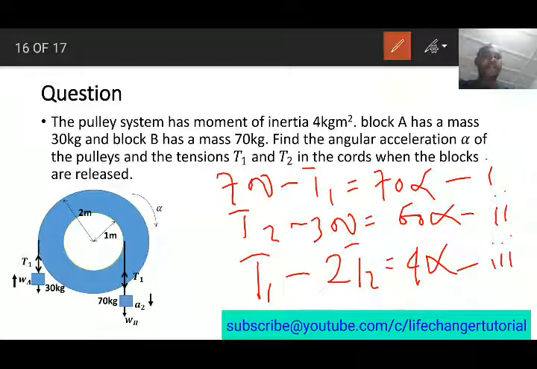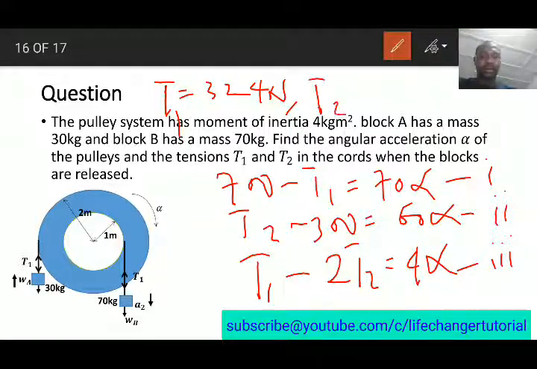Now in order not to take much of our time, we can quickly conclude that if we solve the 3 simultaneously, we are going to get T1 to be 324 newtons. You can confirm that by solving them. You can use your calculator to solve that simultaneously.